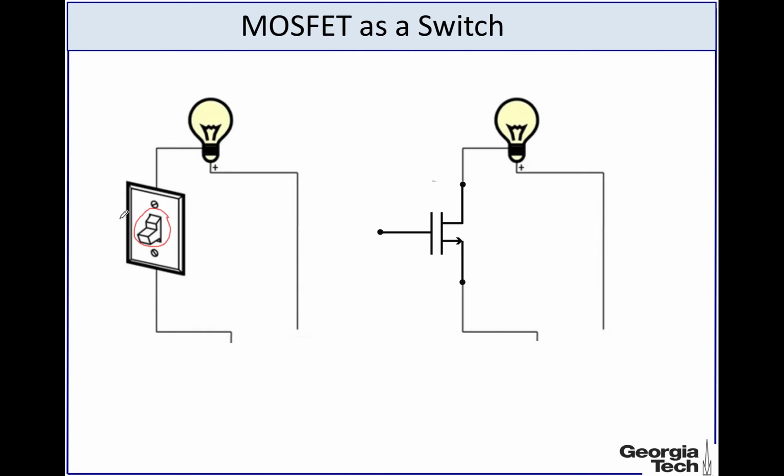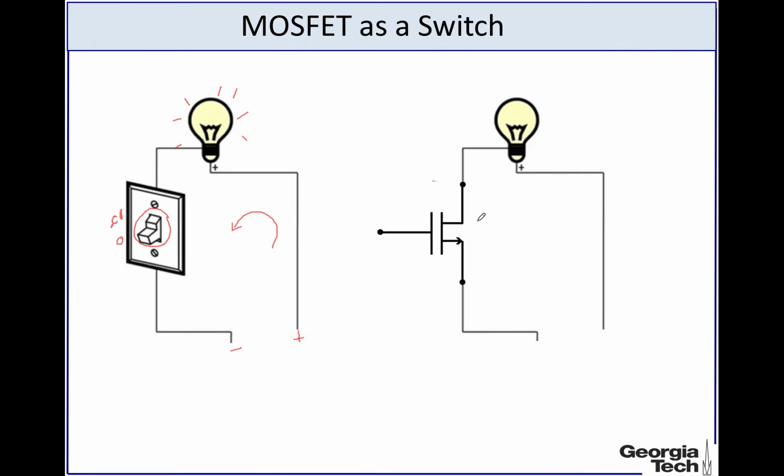If it's in the zero position, then it's an open circuit, so there is no current flow and this appliance will not work. And if it's in the one position, then it will be a short, basically a very small resistance, and then a current will flow and this bulb will light up.